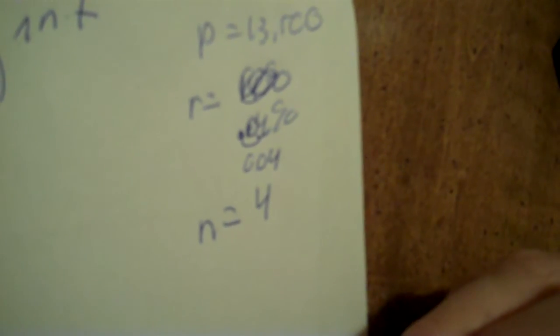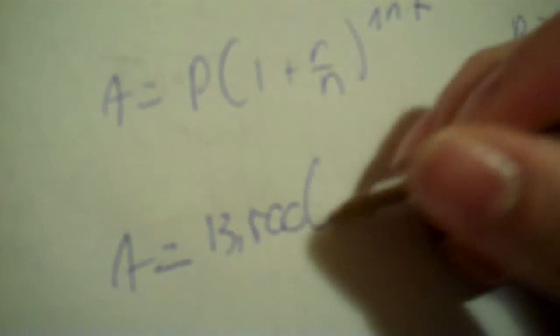And then T is 3 years. So P is going to be 13,500. So your rate, 0.04, divided by your N, that's also 4, caret NT, so it's 4 times 3, that's 12.